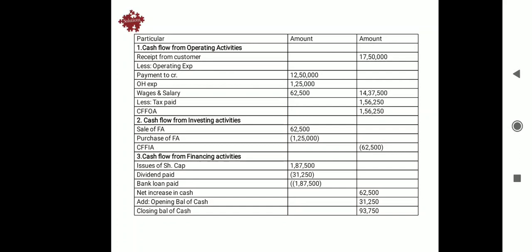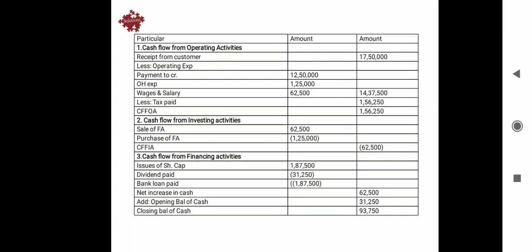Then we had the purchase of fixed assets, which is an application, so I have written it within brackets, 1,25,000. Making the plus and minus of these two, we get in the outer column negative 62,500. So that is actually your cash outflow from investing activities.